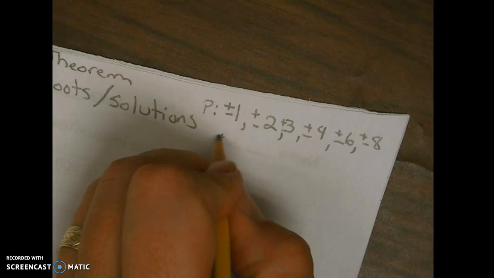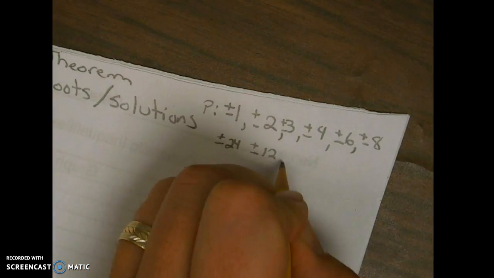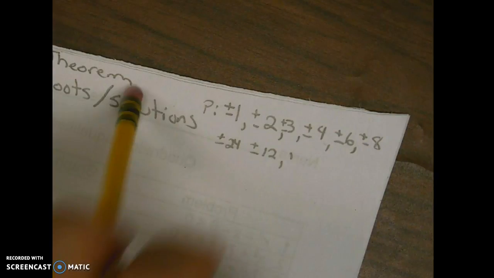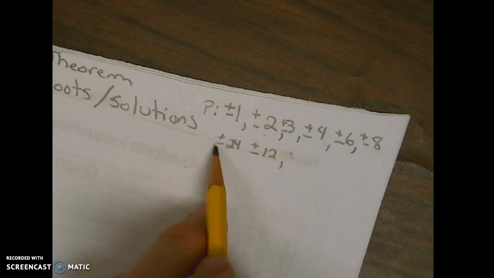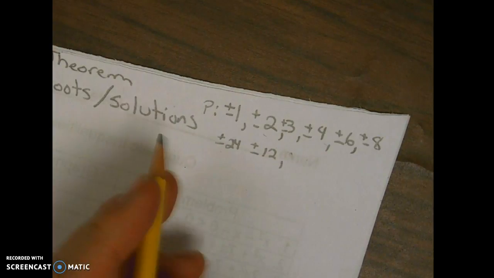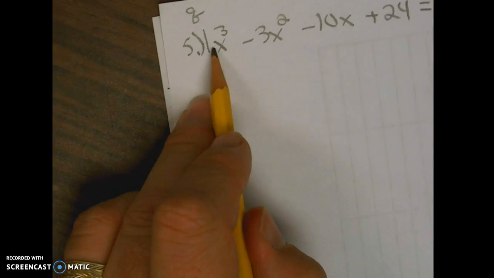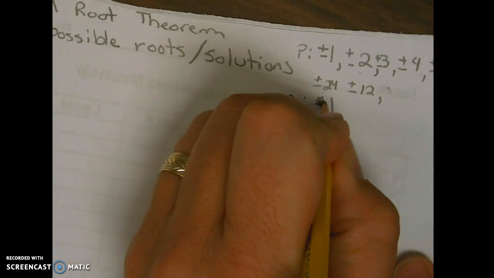And 1 and 24, 2 and 12, 3 and 8, I got that one already, and 4 and 6. I think I got them all. So those are all the possible factors of 24. Q. Oh, that one's an easy one. Q is 1. So that's just going to be plus or minus 1.